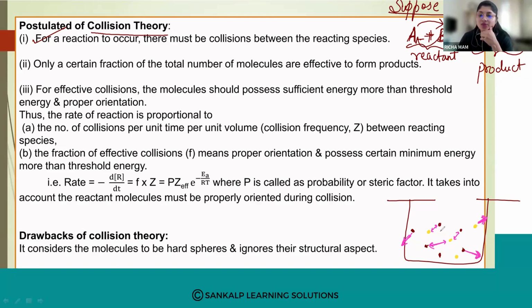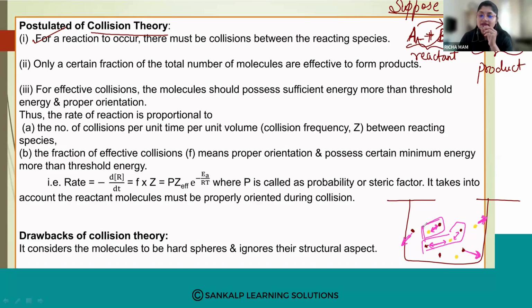Only the collisions between these molecules are effective, because they have the minimum amount of energy for the reaction. So they will react with each other, collide effectively and get converted into product.